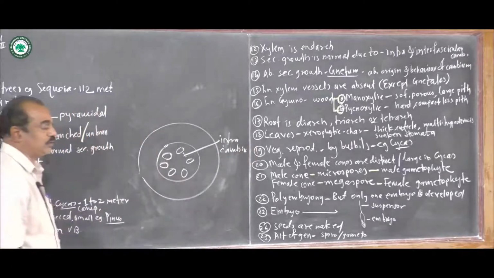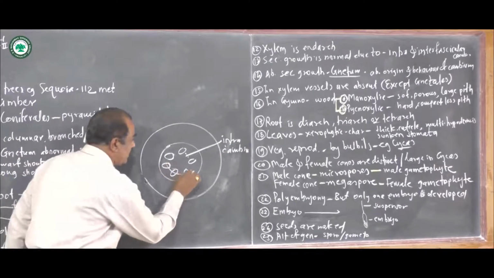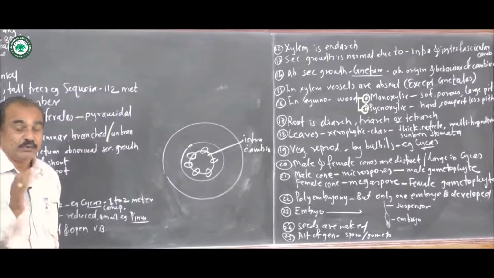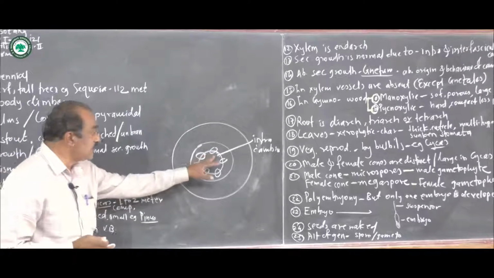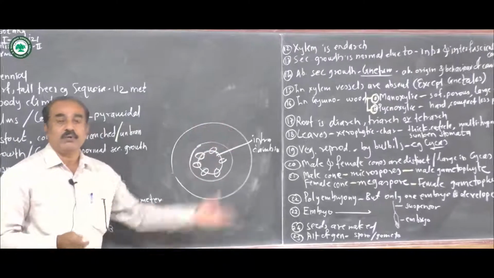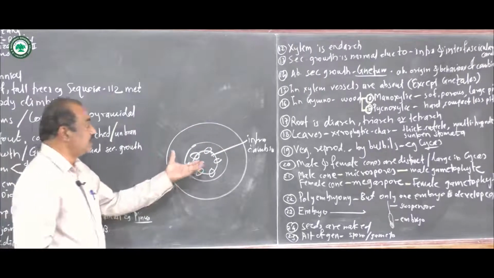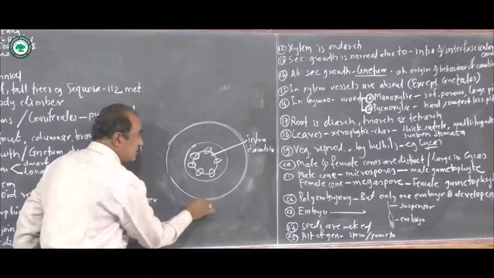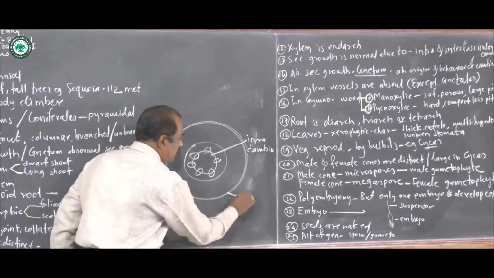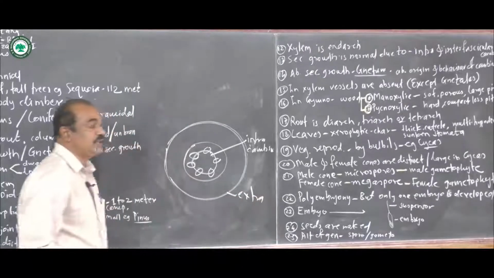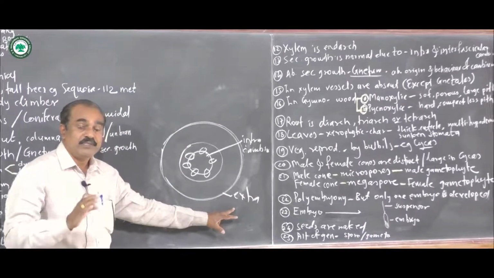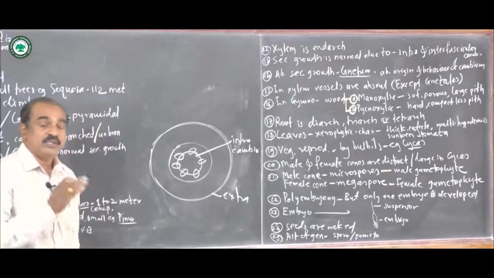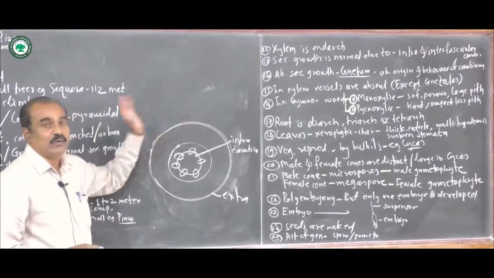During secondary growth, a complete ring of cambium gets formed, which adds newly formed xylem toward the inner side and newly formed phloem toward the outer side. At the same time, extrafascicular cambium also gets developed. This is called the extrafascicular cambium. This cambium is meristematic in nature, and it adds new cells or new cell layers toward the inner and outer side.